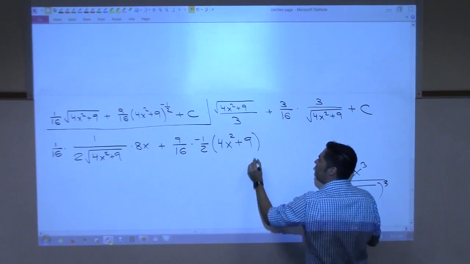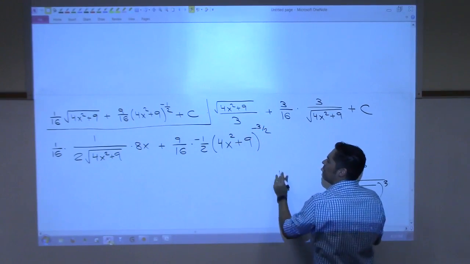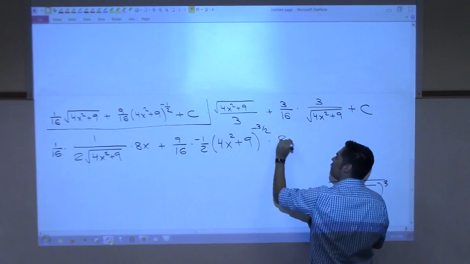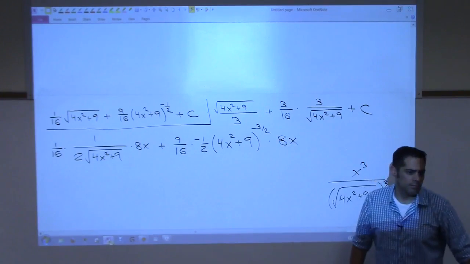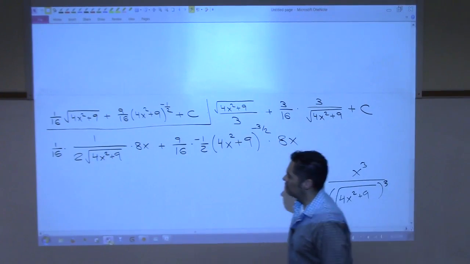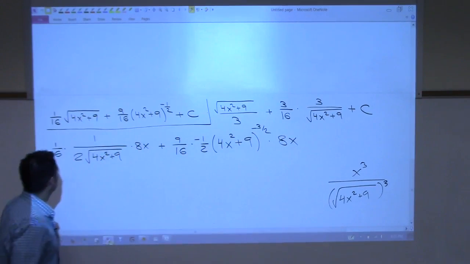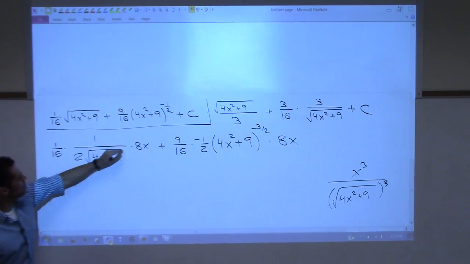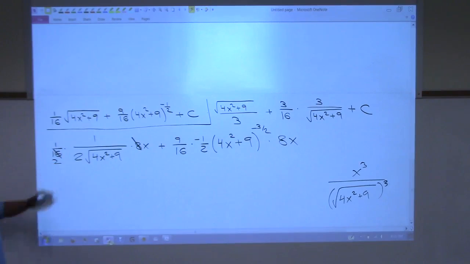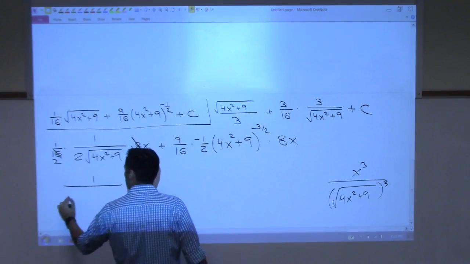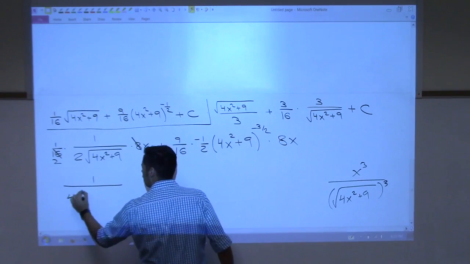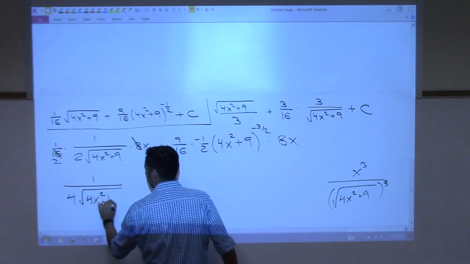Subtract 1 from negative 1/2, negative 3/2. Times the derivative of what's inside, 8x again. Yeah, that's the derivative. So look, 8 over 16, that's a 2, isn't it? So this is actually 1 over 4, because we had 2 times 2, root 4x squared plus 9.